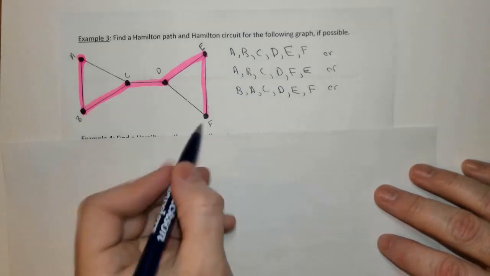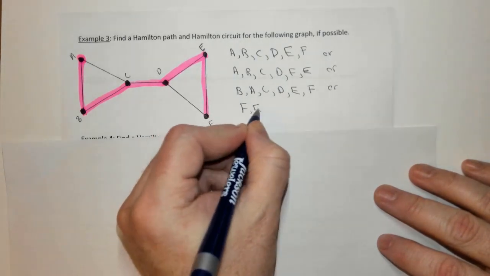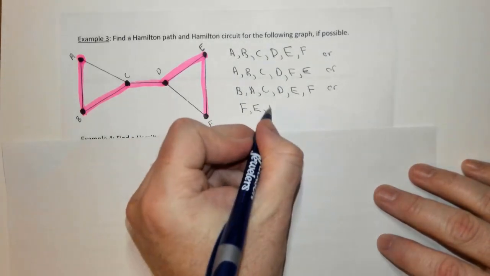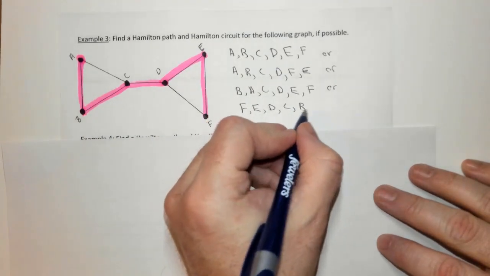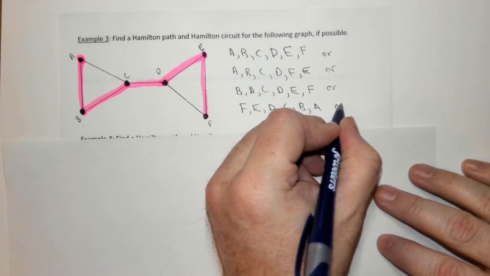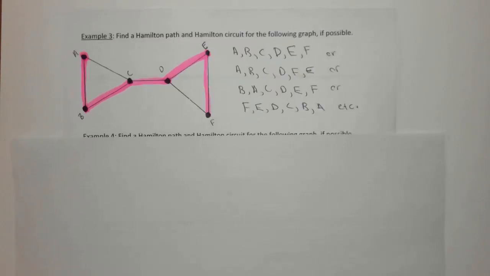I could have started on this side, so I could have done F, E, D, C, B, A. And I'm just going to write etc. But I think hopefully you understand what's going on here. There's a few more you could come up with.